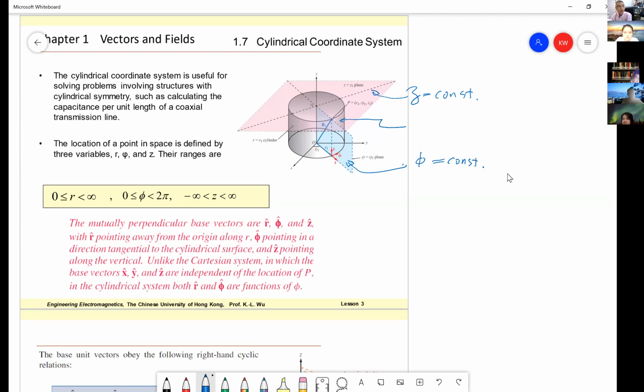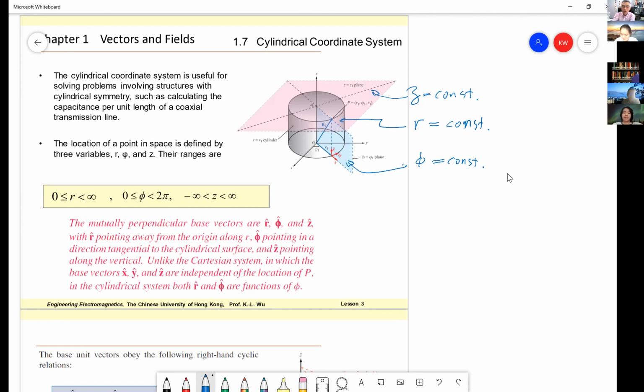My PowerPoint? Sophie, can you see my PowerPoint? Yes. Okay, so this defines the radius r equal to a constant. Once we define these three surfaces, we get a unique point defined in a three-dimensional coordinate.